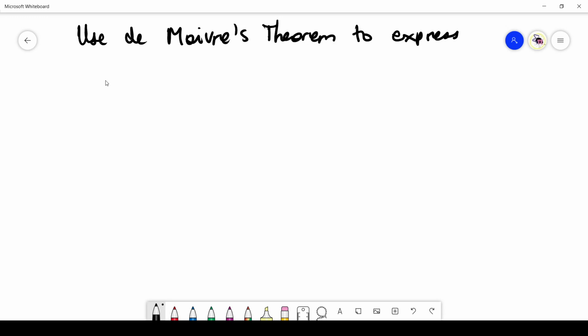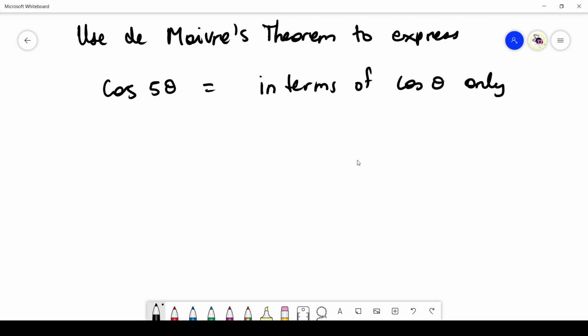So let's look at the example where they use De Moivre's theorem to express cos 5θ as being equal to something, and it has to be in terms of cos θ only. It's like you want an identity, one expression for the value of cos 5θ, but only in terms of cos θ.